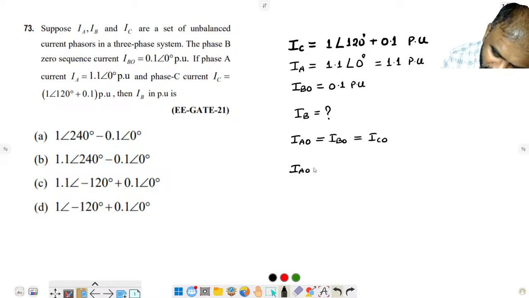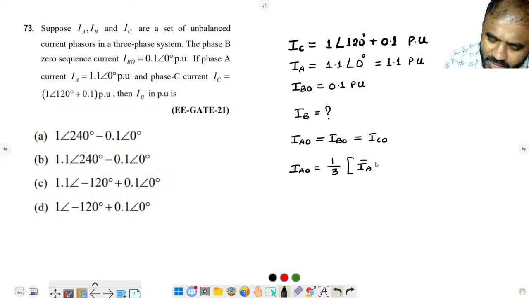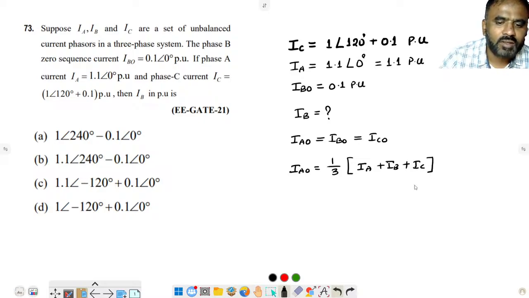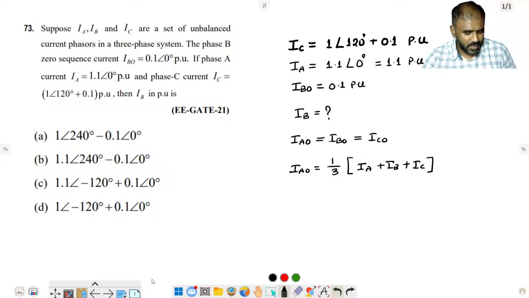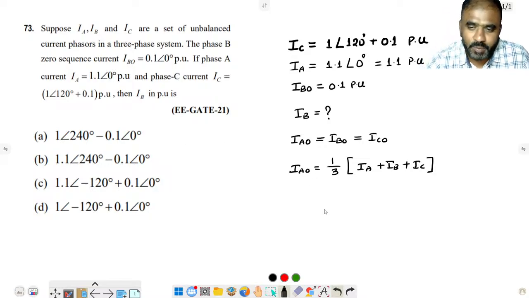You remember, IA naught equal to 1 by 3 times IA plus IB plus IC. All right. 1 by 3 times IA plus IB plus IC. Clear?